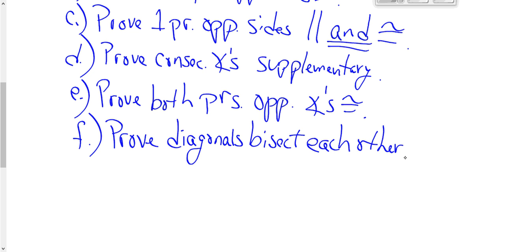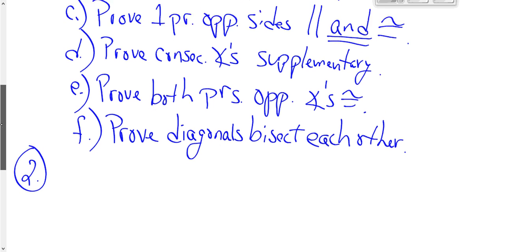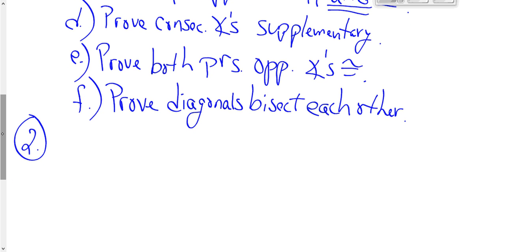And again, you don't have to prove all of those things, any one of them, all right? Okay? Depends on what you're given. So once you've proven the thing is a parallelogram, you can then move on to prove that you got a rectangle, rhombus, or square, okay? That's 1 and 2. But again, sometimes it'll be given to you that it's a parallelogram. So you want to do any of that, okay?